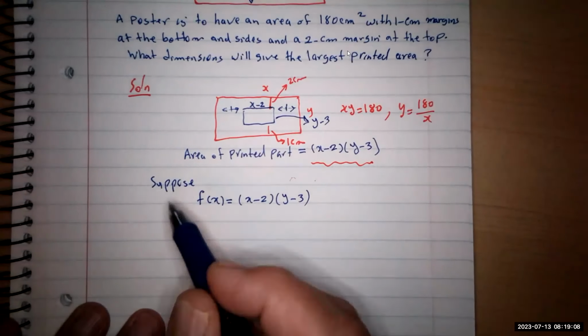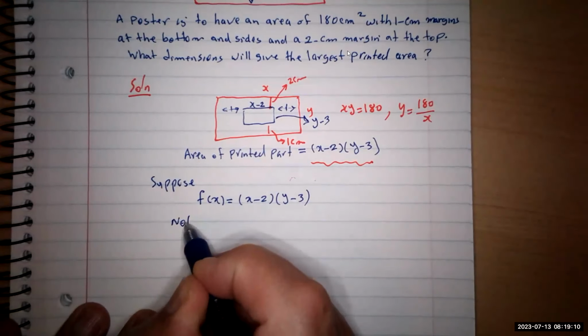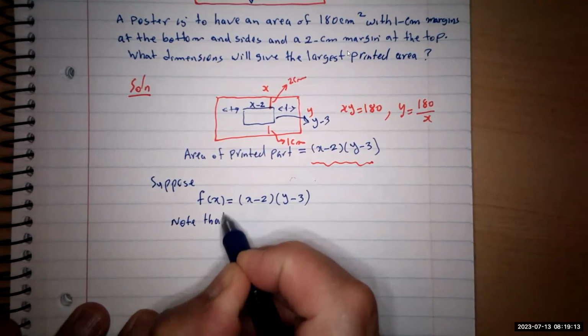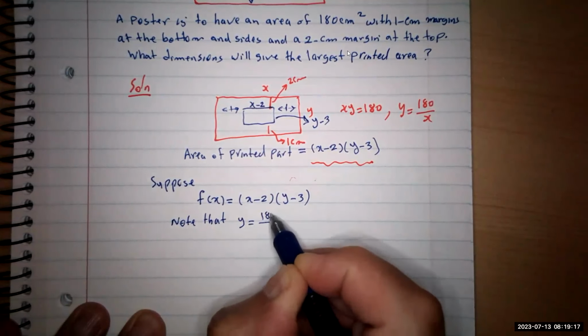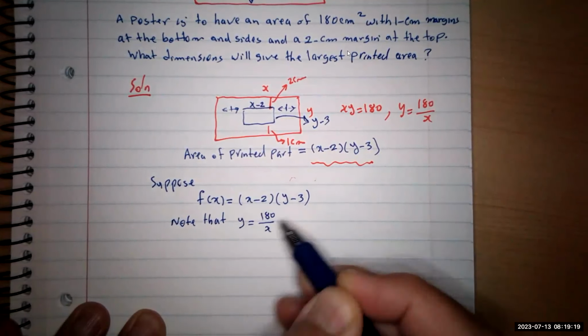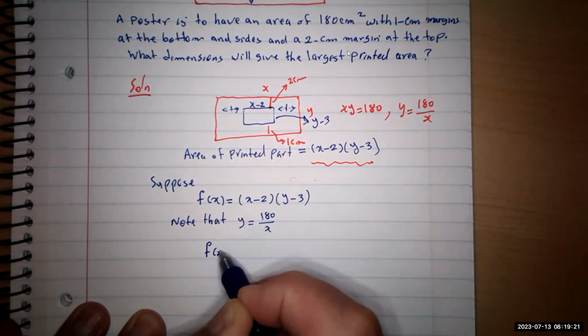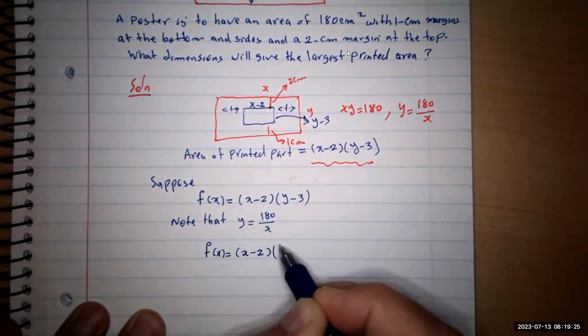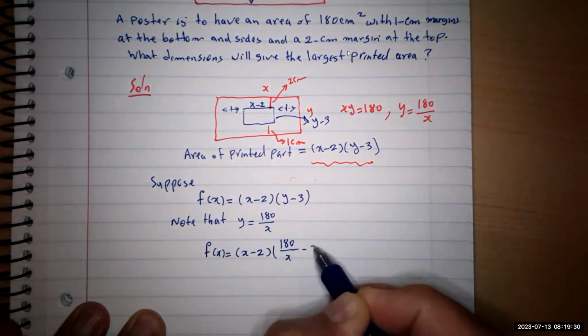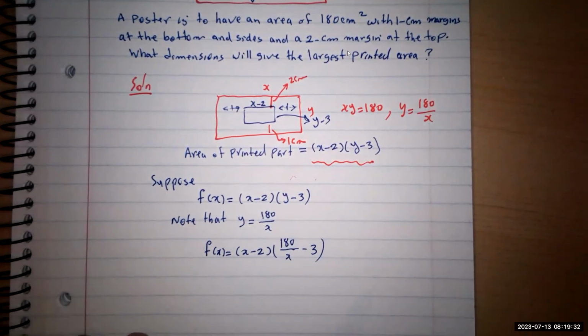So note that y is equal to 180 over x. Substitute here, so your f of x is going to be equal to x minus 2 times 180 over x minus 3. This is going to be your function.